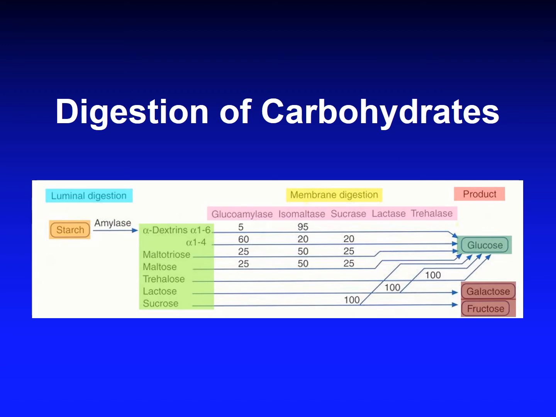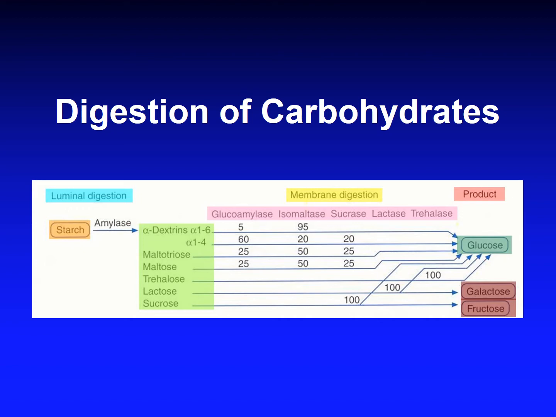Lactose is 100% digested by lactase. Trehalose is 100% digested by trehalase. Trehalose produces at the end glucose, whereas lactose produces at the end galactose, and sucrose produces at the end fructose. These are the 3 end products that we talked about from the carbohydrate digestion.